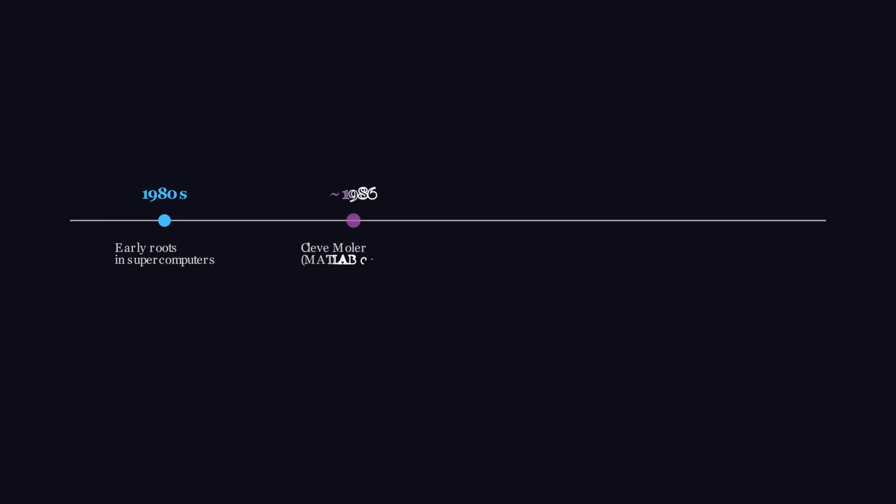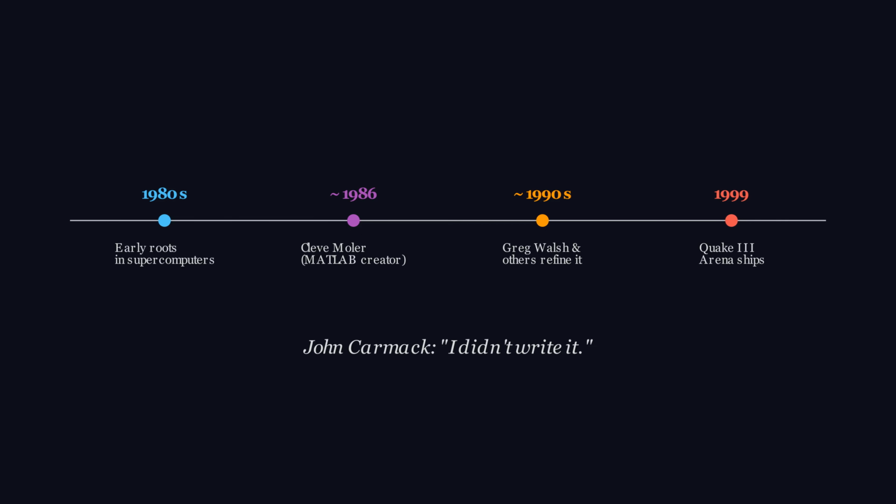So who actually wrote this masterpiece? Its origins trace back to 1980s supercomputers, tweaked by minds like Cleve Moeller and Greg Walsh before making its way into Quake III. Even John Carmack, the lead programmer of Quake, admitted he didn't write it.